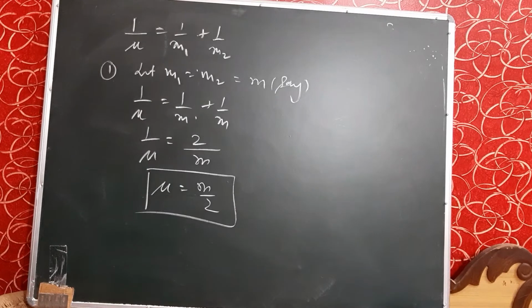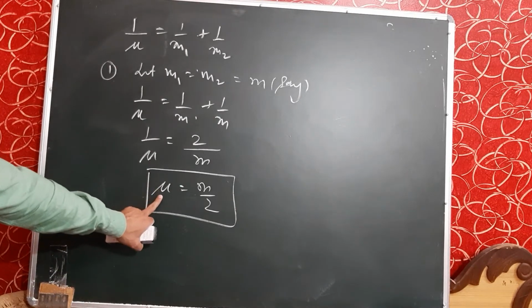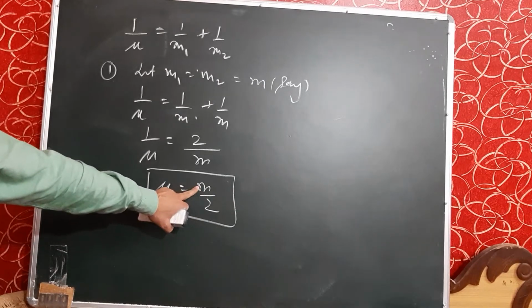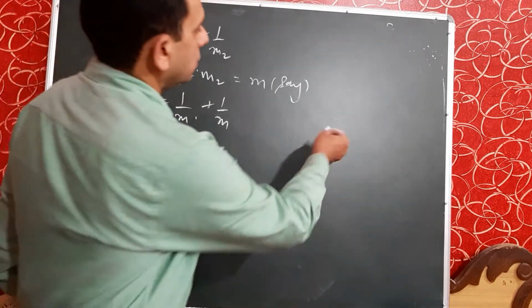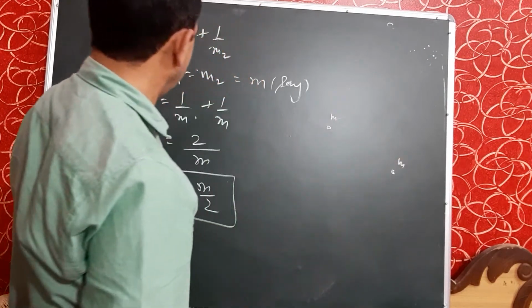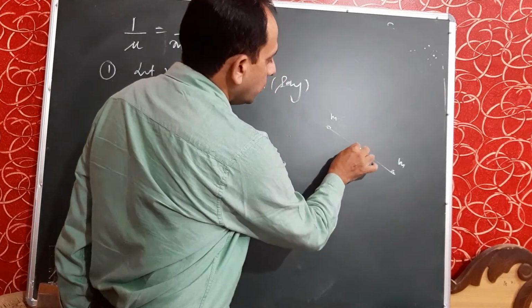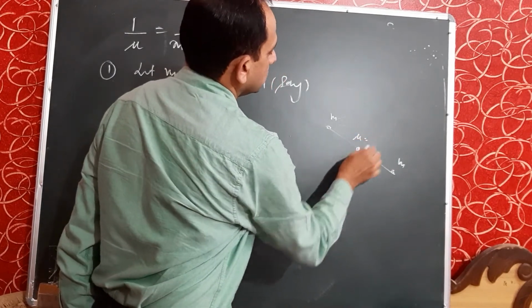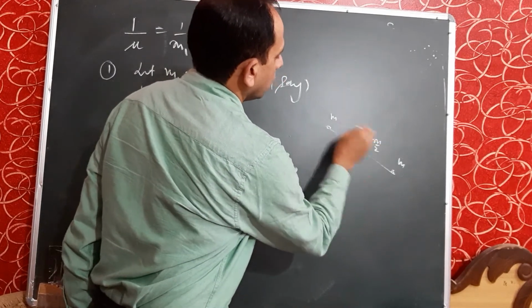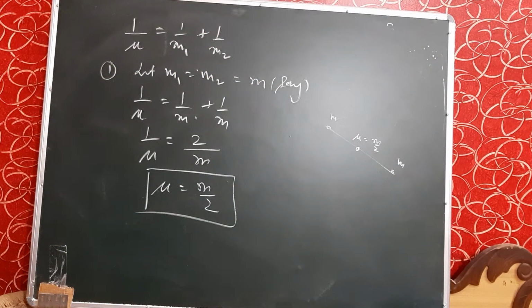Is it clear? So the reduced mass is half of the mass of an individual particle. When there are two particles of the same mass m, the equivalent particle has a mass of m/2.